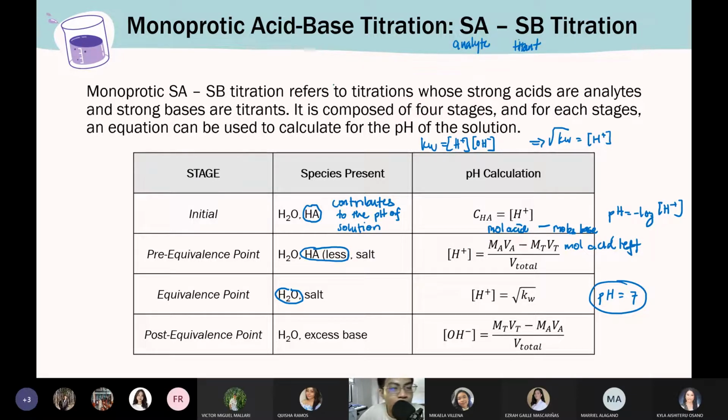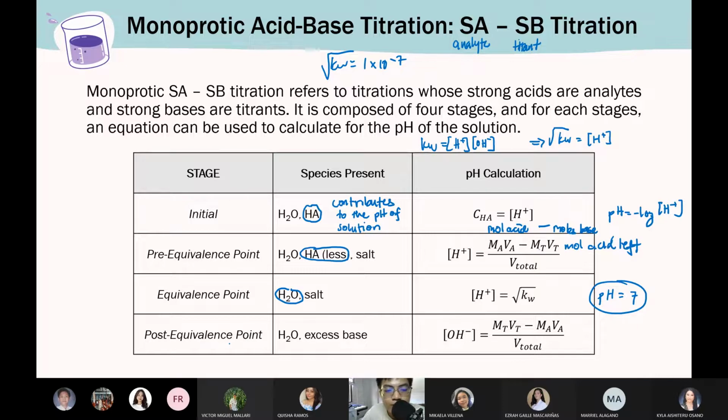Okay, and the square root of Kw is 1 times 10 raised to negative 7. Okay, kasi you know Kw is ano diba, 1 times 10 raised to negative 14. If you get the square root, divide by 2 mo lang exponent, so that will become 7. And what's the negative logarithm of 1 times 10 raised to negative 7? Edi 7. Okay, so that's why the pH of water is 7 parate. Okay. So now, yun, sa equivalence point, always pH 7 yan. Okay?